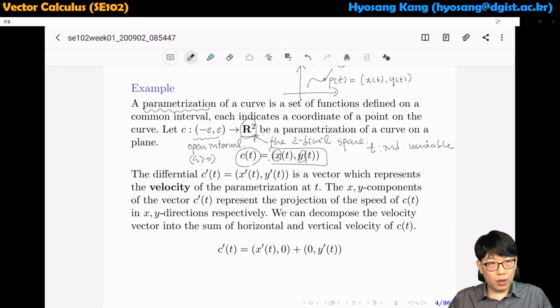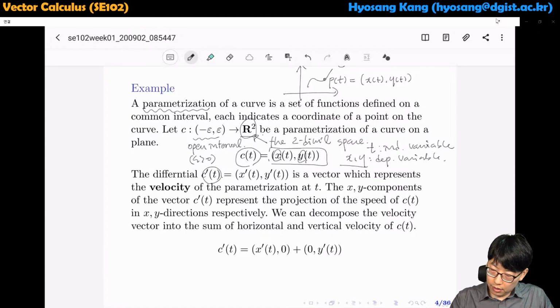I used x and y as names of the coordinate functions, but I can also use them as dependent variables because x and y are determined by the independent variable t through the functions x(t) and y(t). So we have two dependent variables, so that fits the definition of a multivariable function. We have two variables on the dependent side.